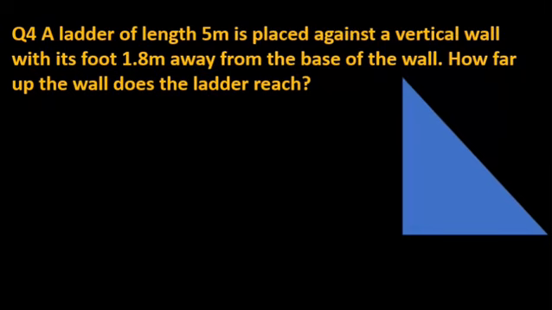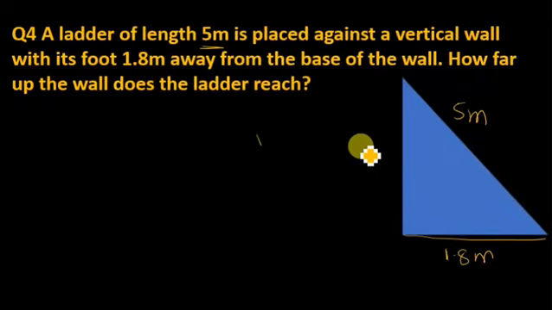What is a ladder? This is a ladder and this is a vertical wall, and the length is 5 meter. The foot is below, this side is the foot, and the foot is 1.8 meter.